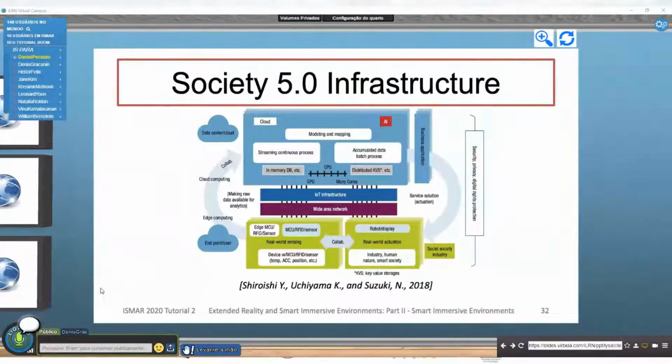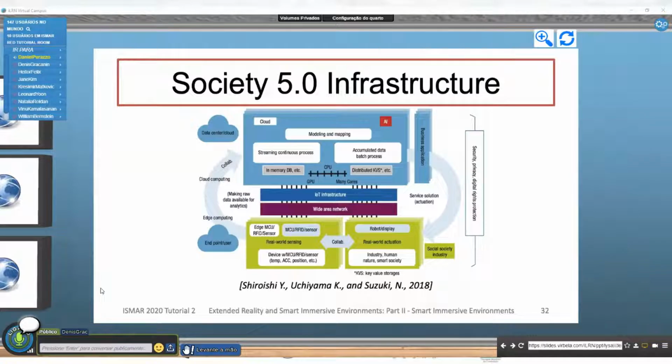The data is then sent to the cloud, and in the cloud we have a constant streaming process. Then we do modeling and mapping. We accumulate data, and then based on the accumulated data, we provide services and solutions or actuation.